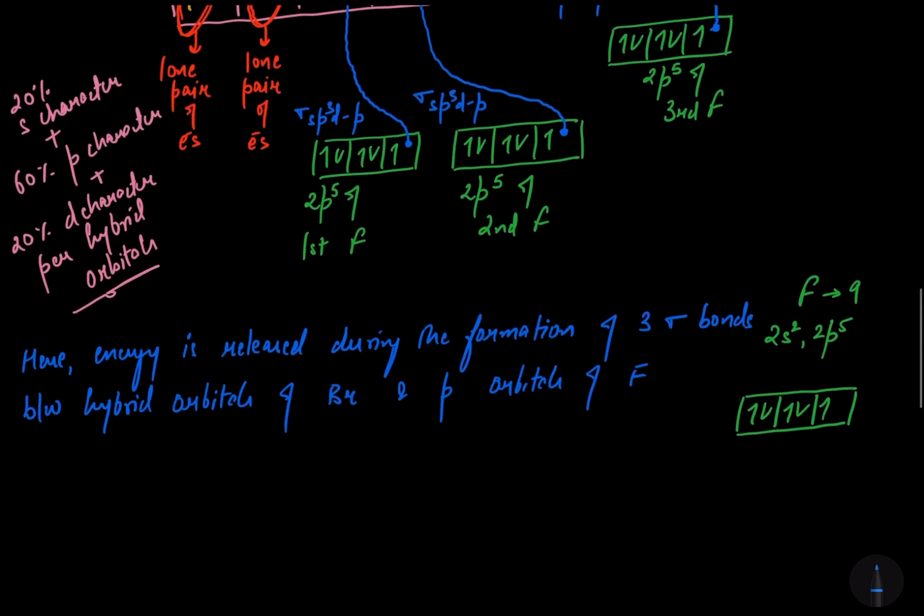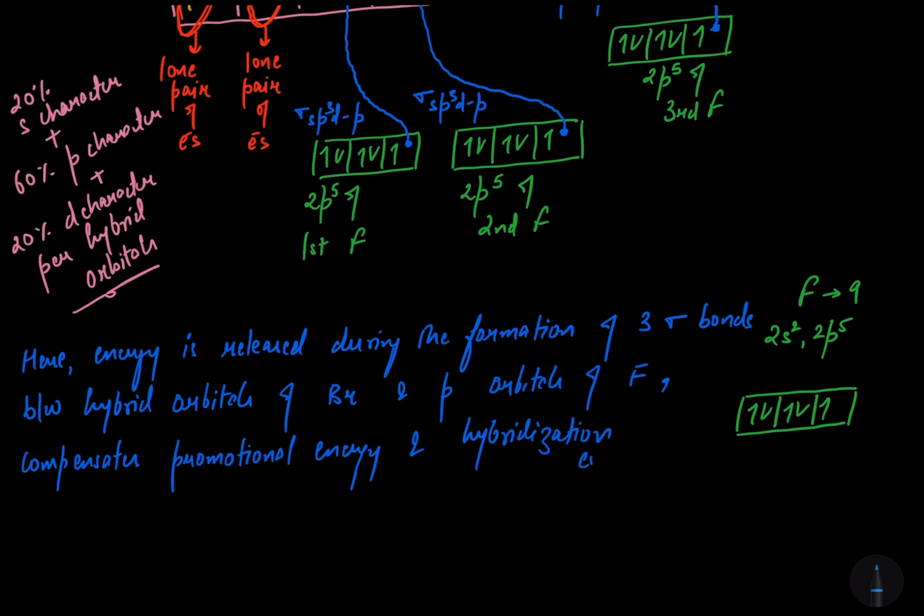Now the energy which is released compensates the promotional energy and hybridization energy, as both of the endothermic energies, that's the promotional energy and the hybridization energy, is compensated during the formation of 3 sigma bonds between the hybrid orbitals of bromine and the p orbitals of fluorine.